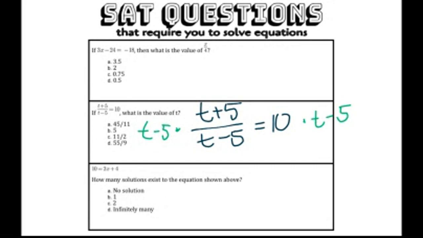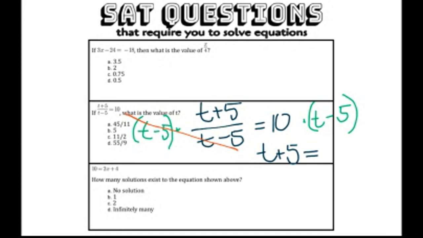And then to do this, I just need to be very, very careful because there's two things going on. So when there's multiple things going on, you want to group them together. We'll use parentheses. So for this side over here, these will just cancel. That's kind of the whole point. And I'm left with t plus 5 equals.